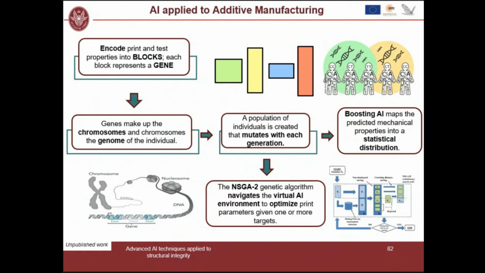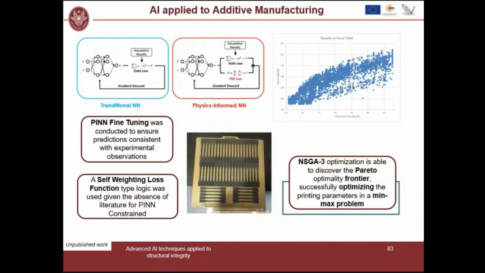So it essentially can optimize multiple objectives at the same time. And that's really nice. And here is the output of the optimization algorithm. So here I was asking the neural network itself to maximize the yield stress and minimize the density of the specimen.